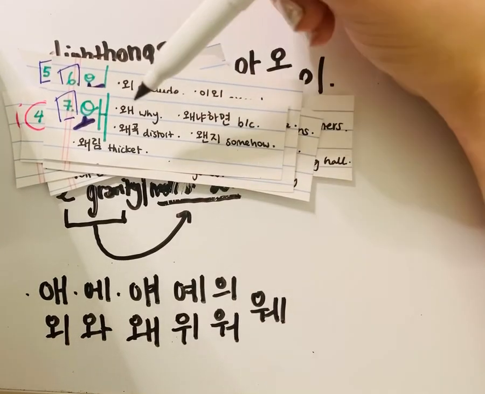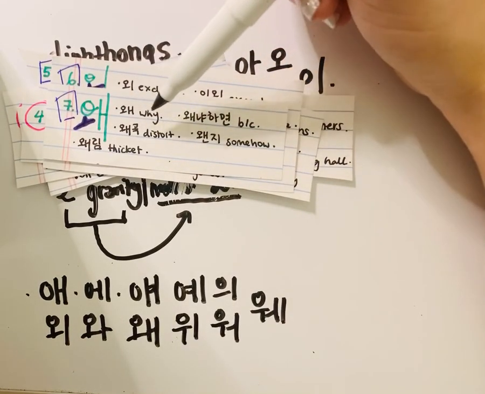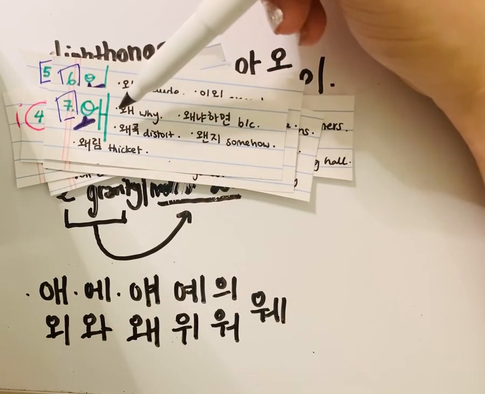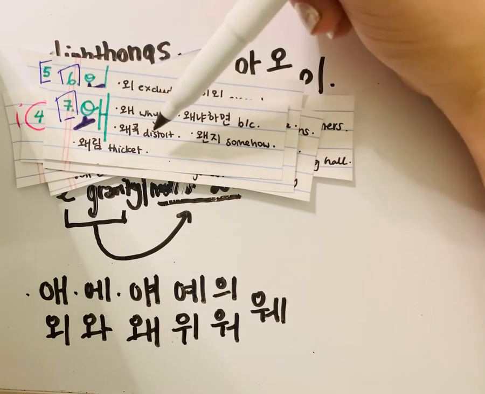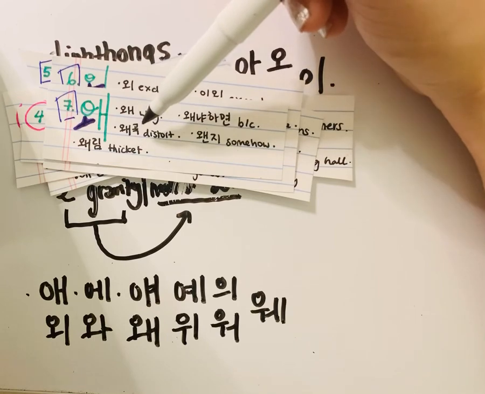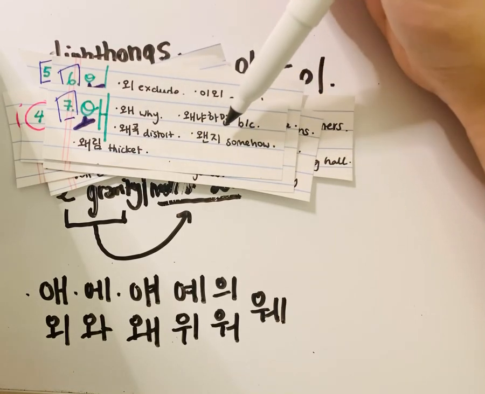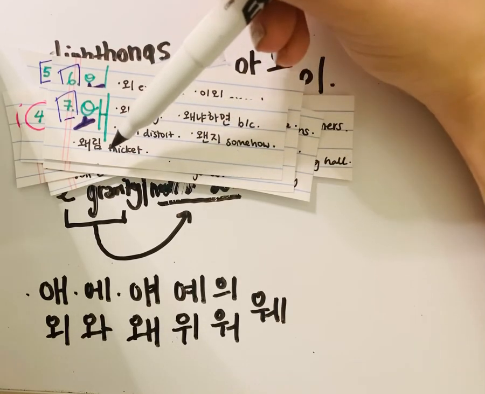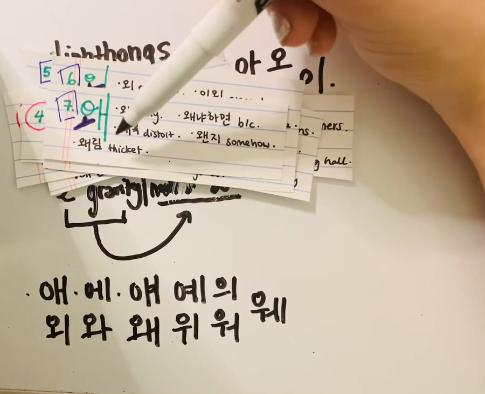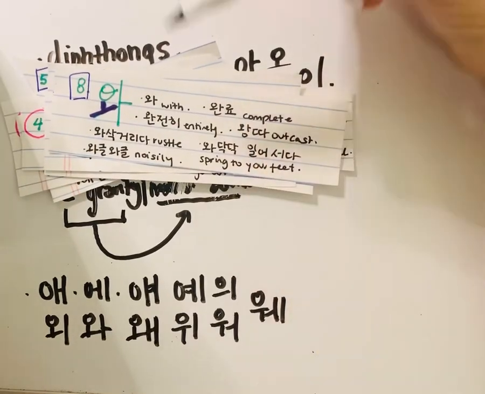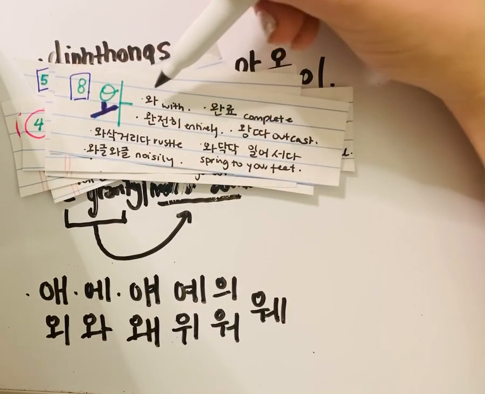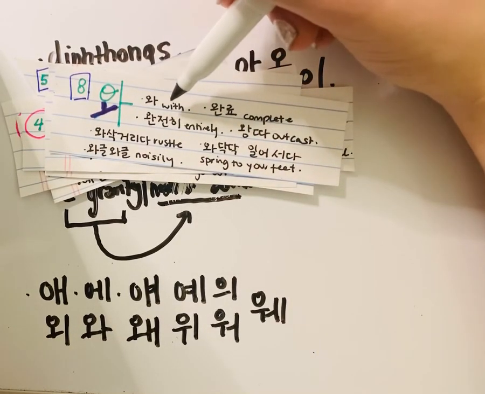Then similar sounding 왜, but here we use it in words like why, 왜, and because, 왜냐하면, to distort, 왜곡, somehow, 왠지, and words that aren't used very commonly like thicket, 왜림. Then we have 와. 와 can be seen very frequently with.